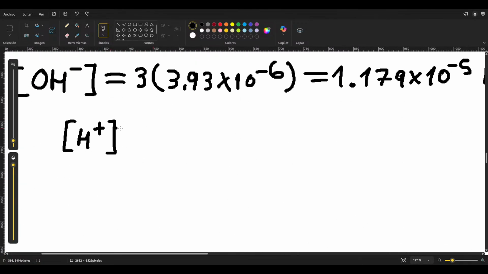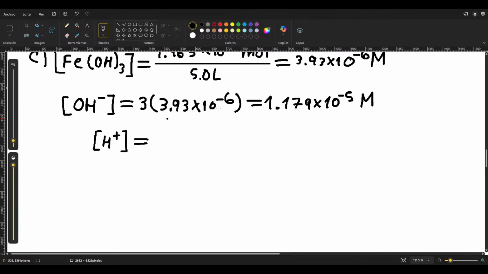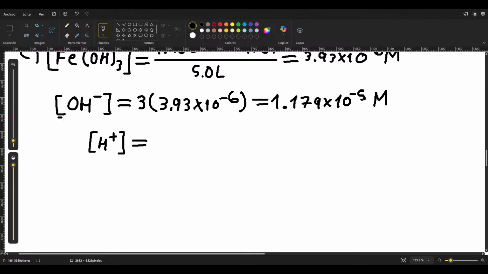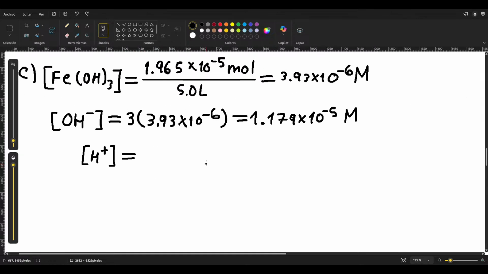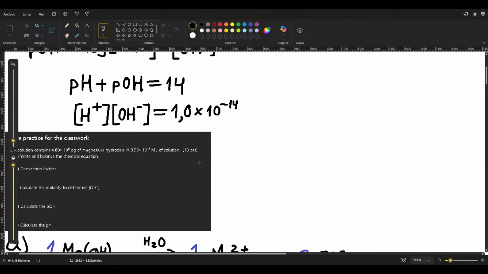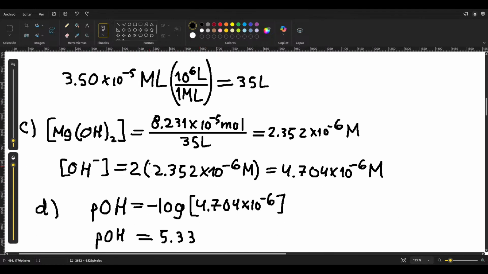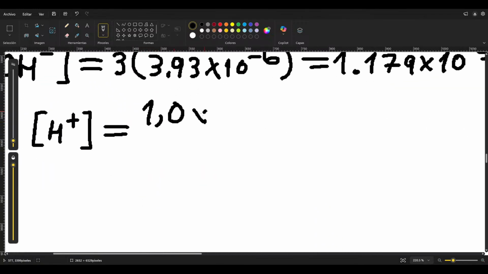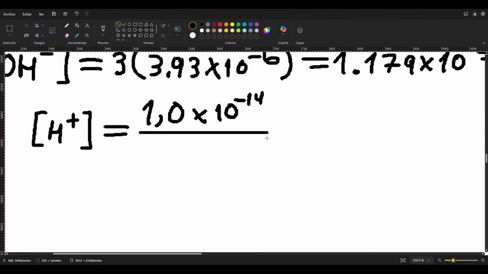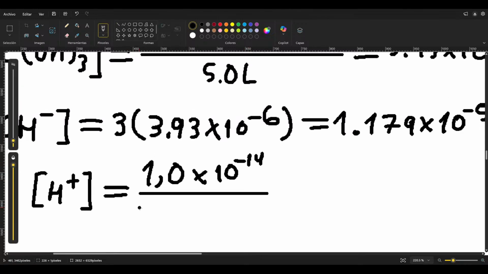So the concentration of hydrogen ions is going to be this, which is this. Well, no, the other way. This goes above, and the other one goes below. It's not about the other way, it's about this way specifically.